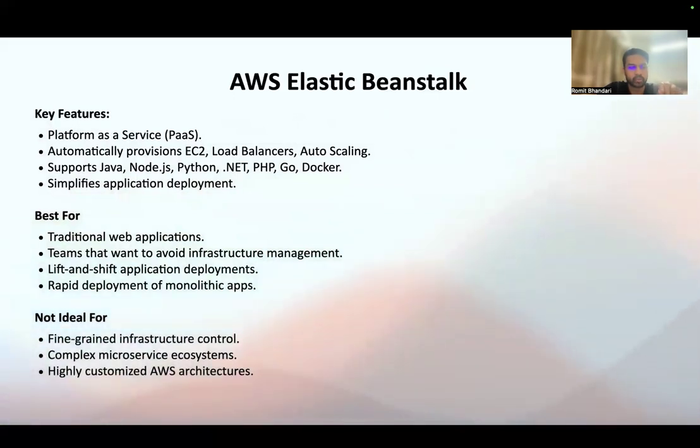If you want fine-grained infrastructure control, then don't go for Elastic Beanstalk, because the flexibility will be lesser. And obviously not ideal for complex microservice ecosystems, because again, if the majority of things are controlled by AWS, it will be more for simplified scenarios, right? Because then a lot of configurations would be required, and again, not ideal for highly customized AWS architectures.